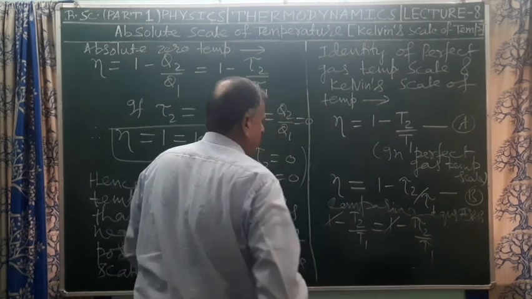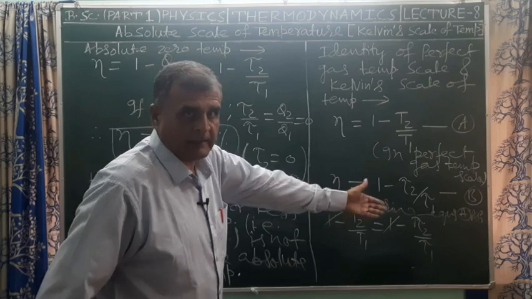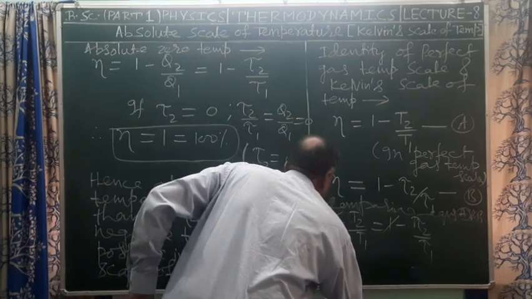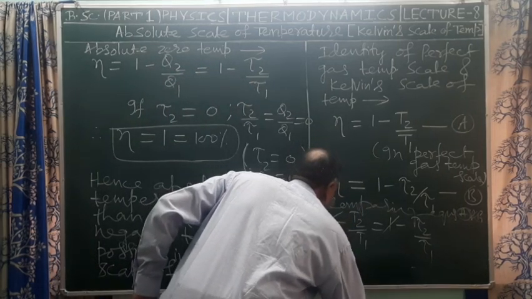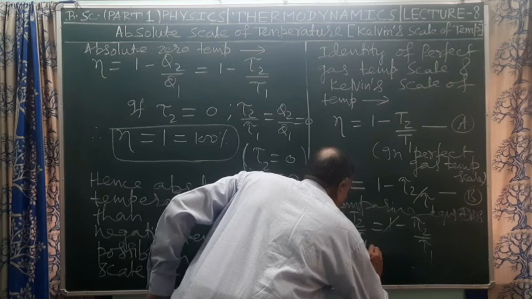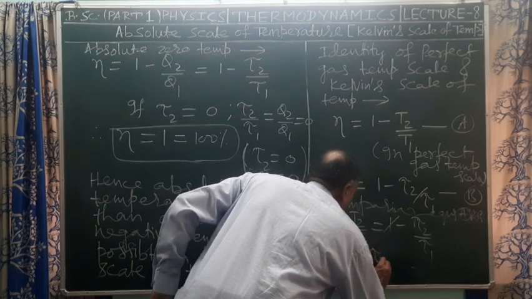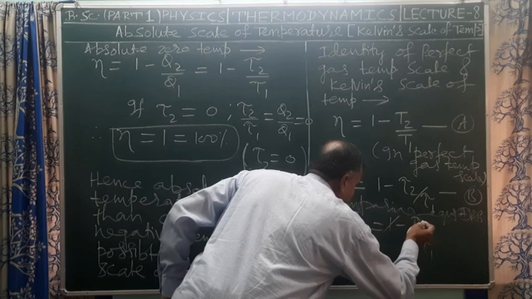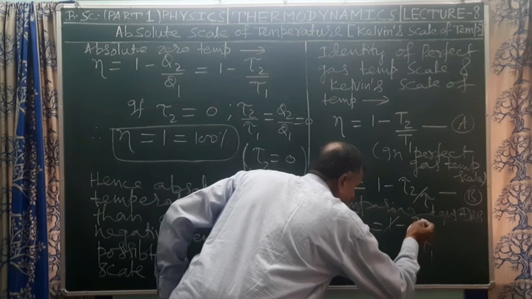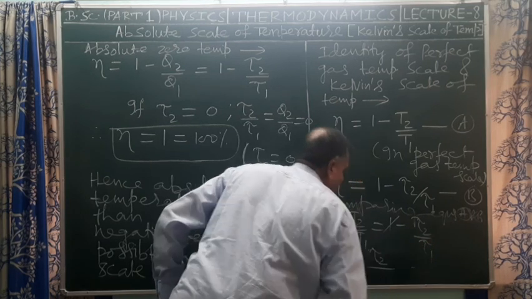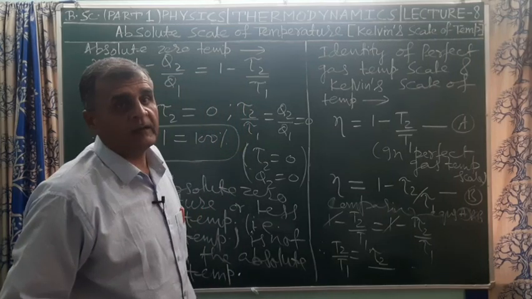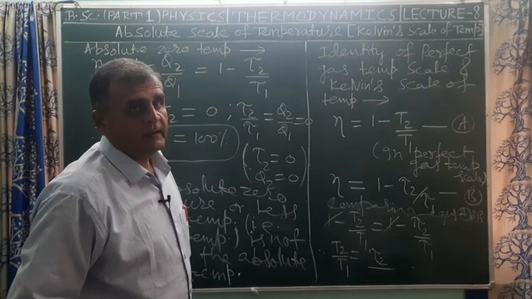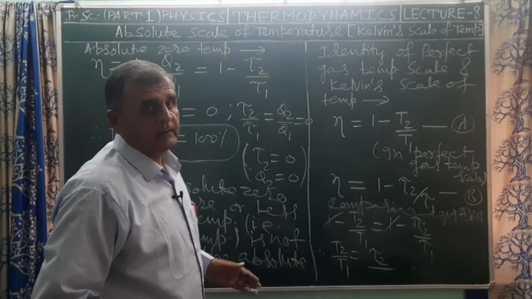The 1 and 1 will cancel out on the LHS and RHS. So we have T2 upon T1 equals tau 2 upon tau 1, where tau 2 is the temperature of the sink in the absolute temperature scale and tau 1 is the temperature of the heat source in the absolute temperature scale.